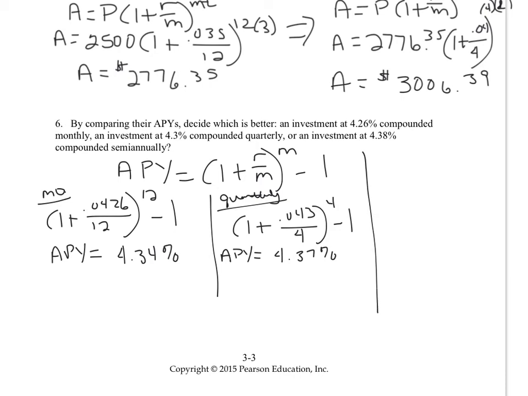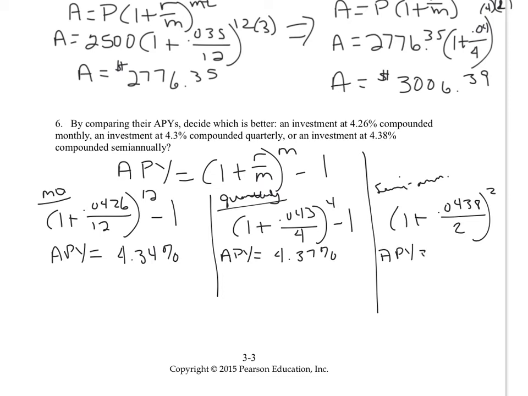The final one we'll do is semi-annually, but it has the highest interest rate of all. So let's see what we come up with. That would be 1 plus, and 4.38% becomes 0.0438. Divide that by, if it's compounded semi-annually, that means 2 times in a year. And we're going to raise it to the second power.